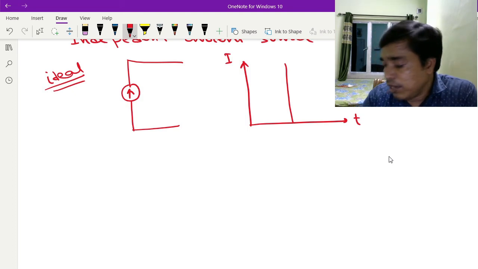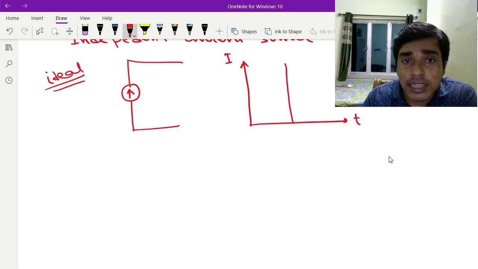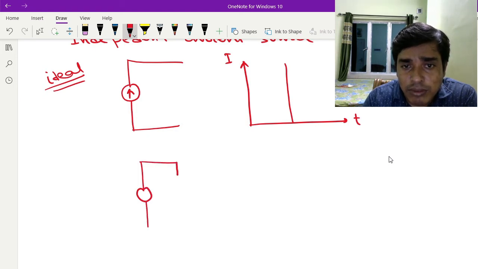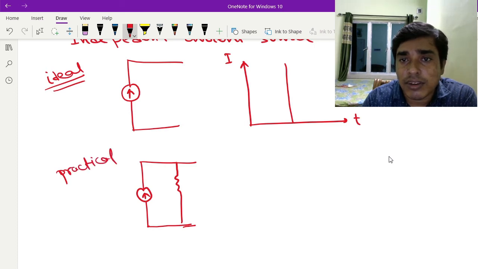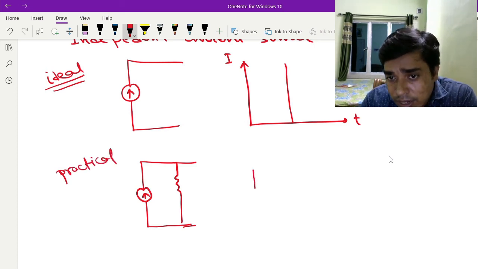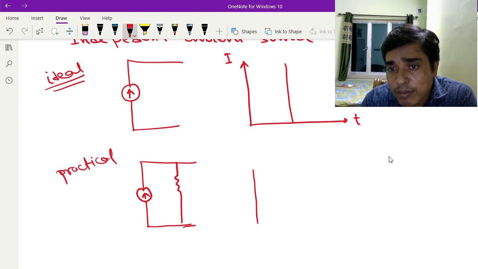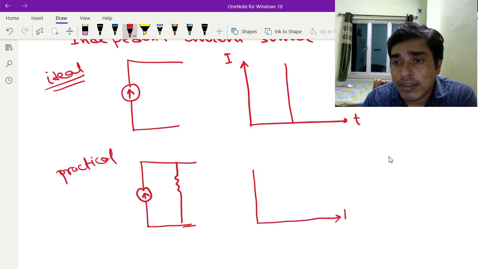But in practical condition, there is a resistance parallel to this current source. For practical condition, it does not deliver the same current at an instant of time.